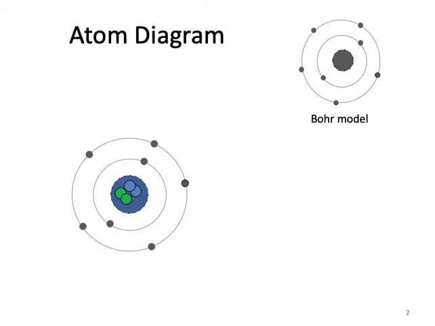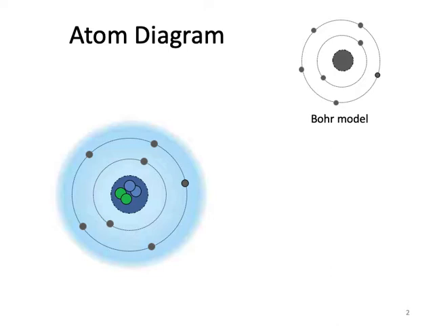Now, as it turns out, for one thing, the atomic nucleus doesn't have a particular perimeter. It's really just a region in the center of the atom that contains the protons and neutrons. And second, those electron orbits aren't like circular orbits. They really represent energy levels.